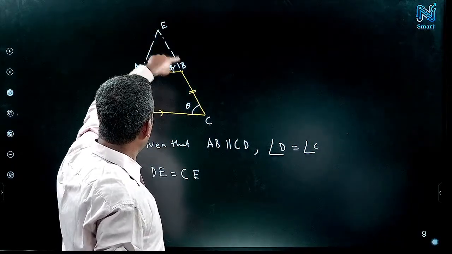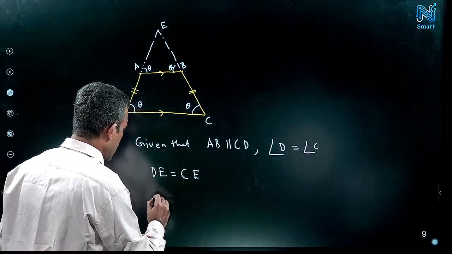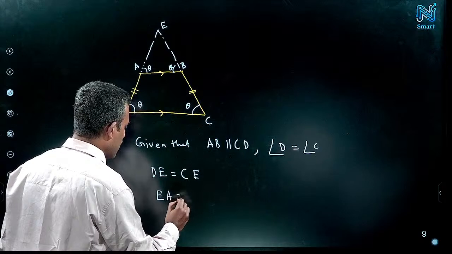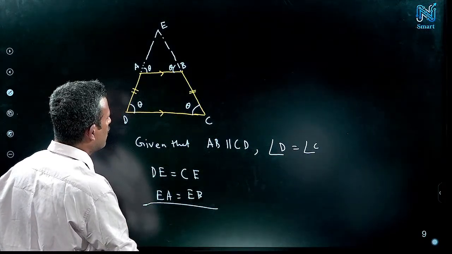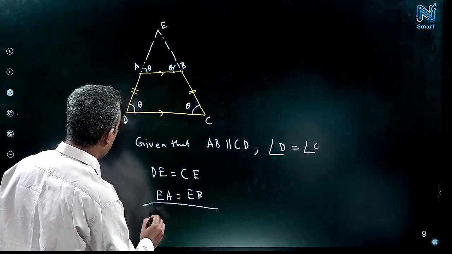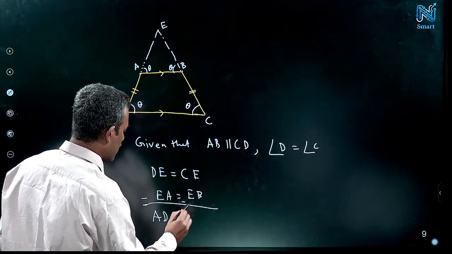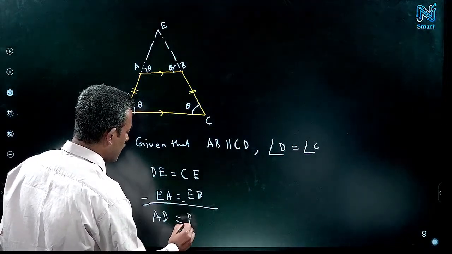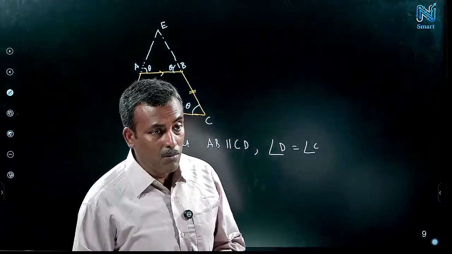Now consider the triangle EAB, then EA equals EB, and subtract. If you subtract, what do you get? AD equals BC. Easy.